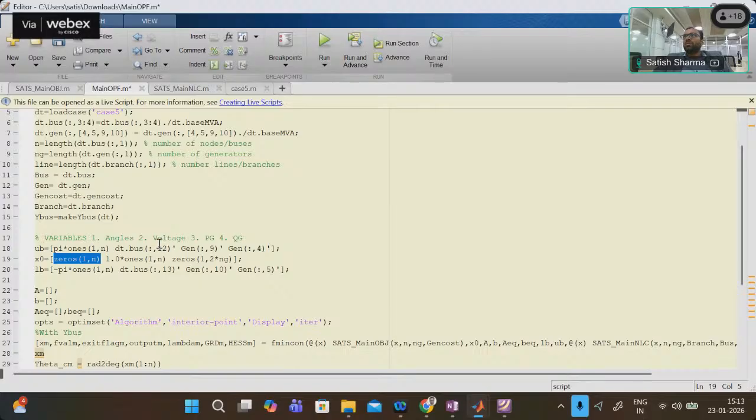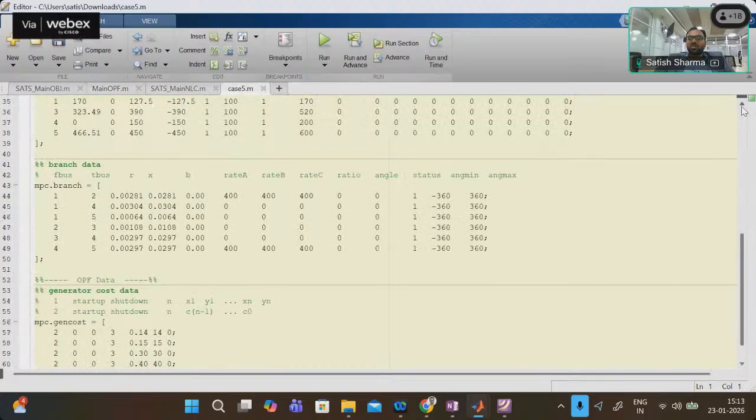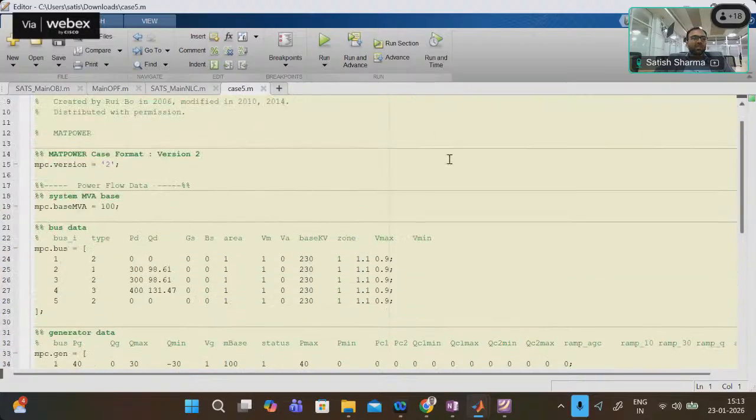And we have to define the voltage maximum value. This is my second variable, voltage. The voltage maximum value is taken from our input file. See this bus data: the minimum value is the last one and the second last is the maximum value. The maximum value is 1.1 and the minimum value is 0.9.